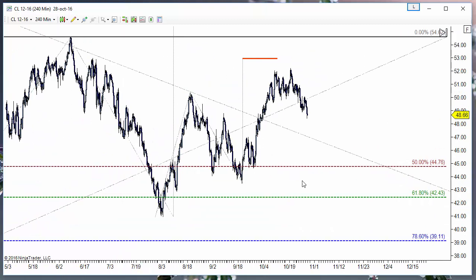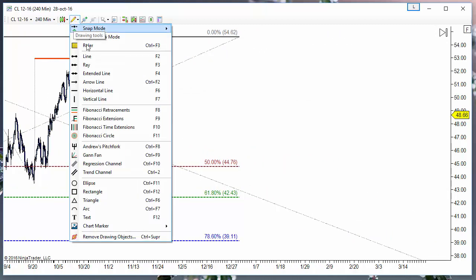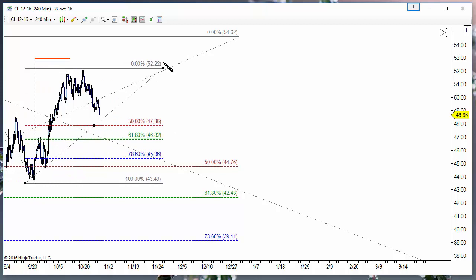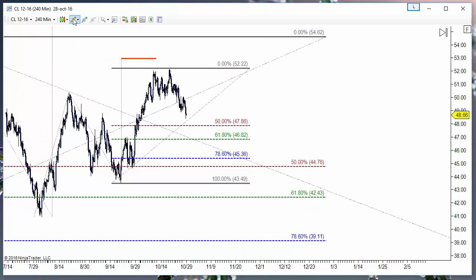If we have some kind of retracement, we must take into account the two previous lows. First, this one, so we calculate the retracement from this low pivot, and then this other one.